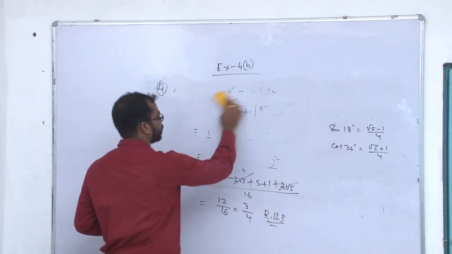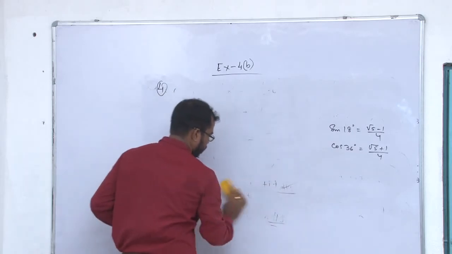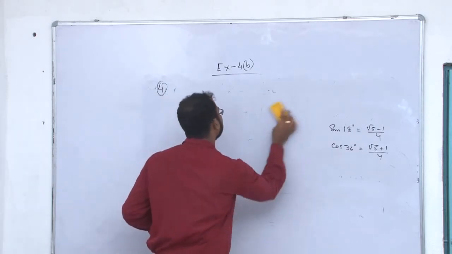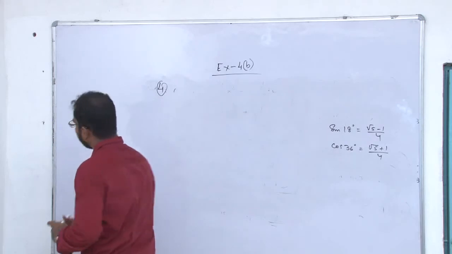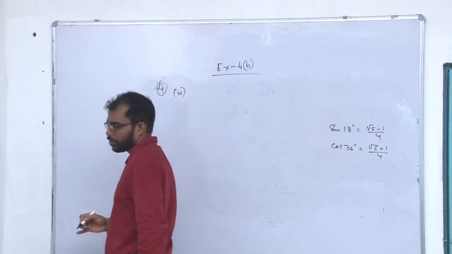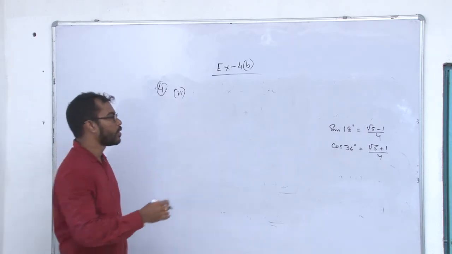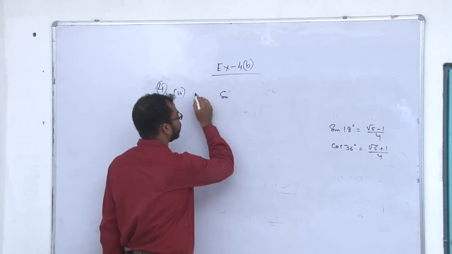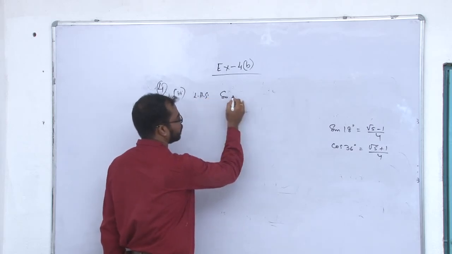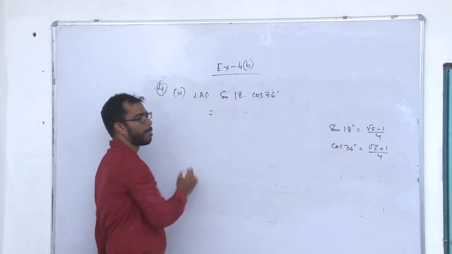the third one, question number 3, the third part is sine 18 degree into cos 36 degree.